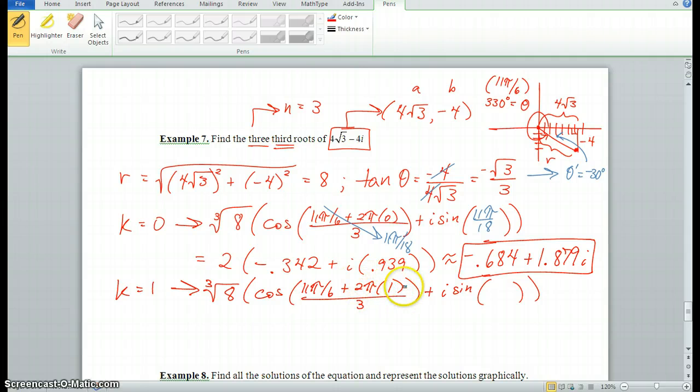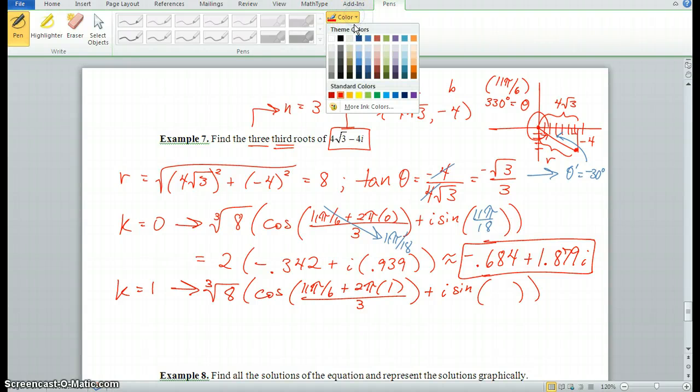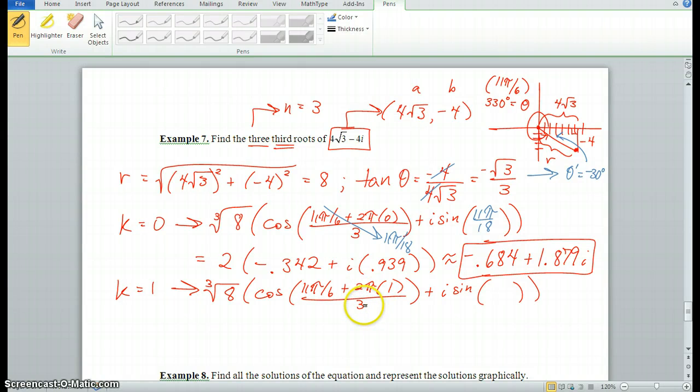Let's think about what 2 pi is in terms of sixths. In other words, multiplying 2 pi by 6 over 6, that's 12 pi over 6. 11 pi over 6 plus 12 pi over 6 should end up being 23 pi over 6. 23 pi over 6 over 3 is 23 pi over 18.